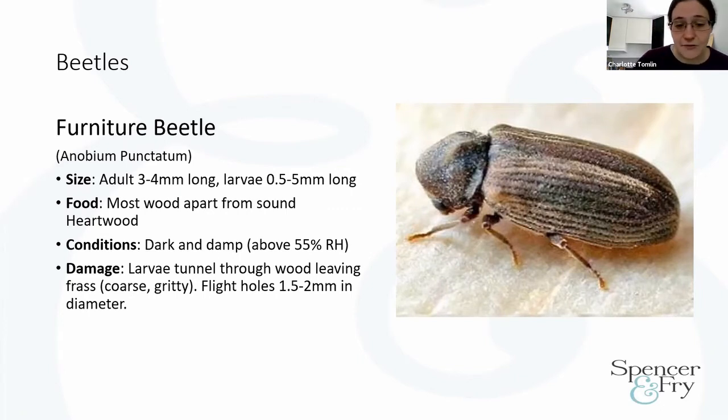And then once they've eaten their fill, they pupate into the beetle, which then emerges from the wood, leaving smaller flight holes than the deathwatch beetle. So to identify this creature, you're looking for the specific flight holes, the specific type of frass, and also dead and stunned beetles near the wood.